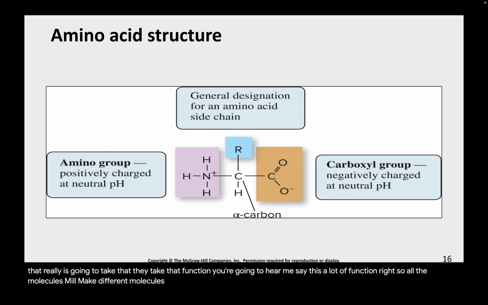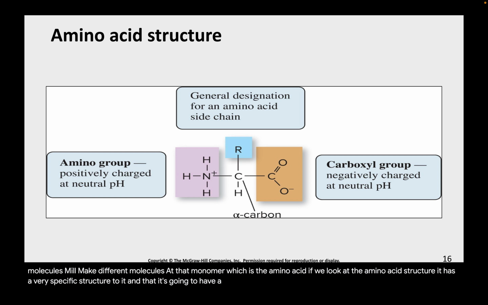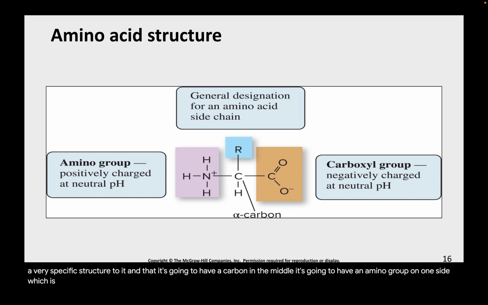If we look at the amino acid structure, it has a very specific form. It's going to have a carbon in the middle, an amino group on one side, which is this N connected to 3 hydrogens, and a carboxyl group on the other side, which is carbon and 2 oxygens.